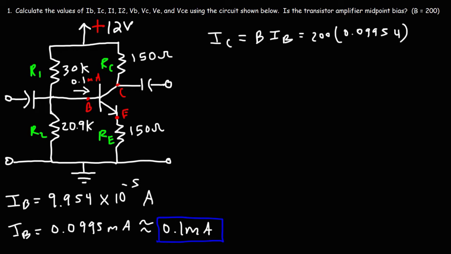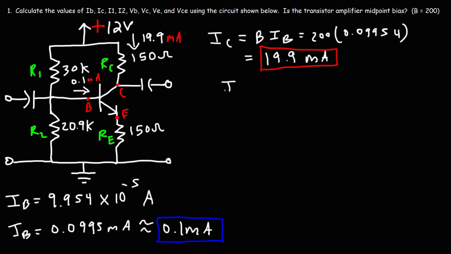So 200 times that number gives us a collector current of approximately 19.908, but we're going to round that to 19.9 milliamps. So that is the collector current. That's the current that is flowing through RC. So that's 19.9 milliamps.